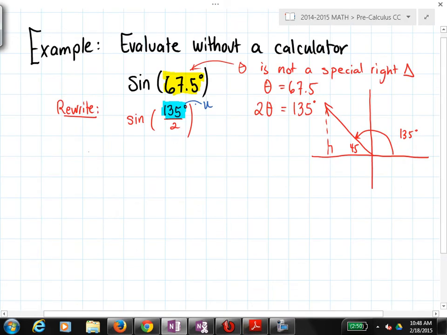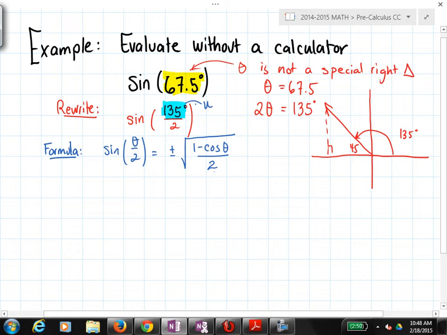Let me just write it down so that we know it. Sine of theta divided by 2 is equal to plus or minus, and I'll explain this plus or minus right now, the square root of 1 minus cosine of theta, all divided by 2.